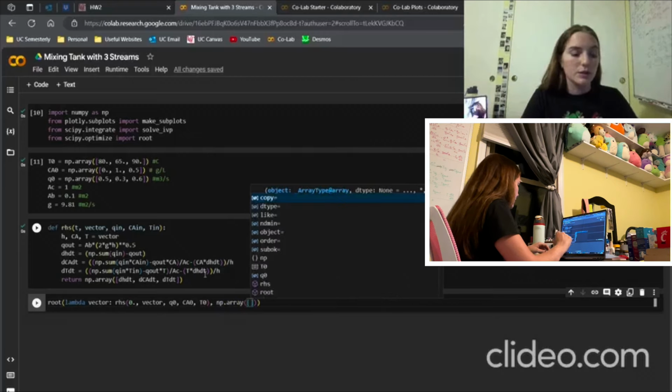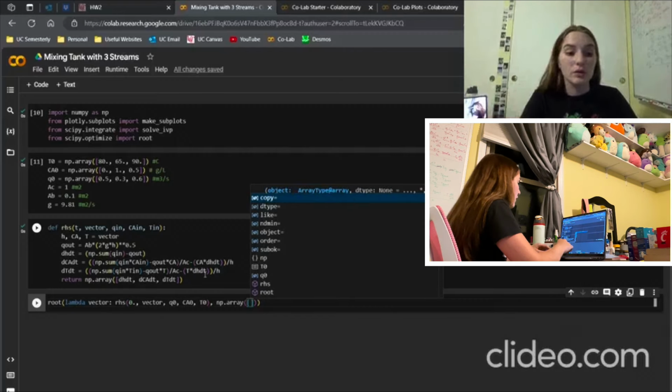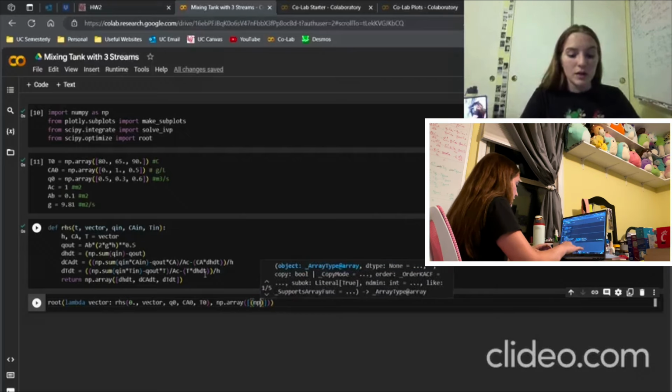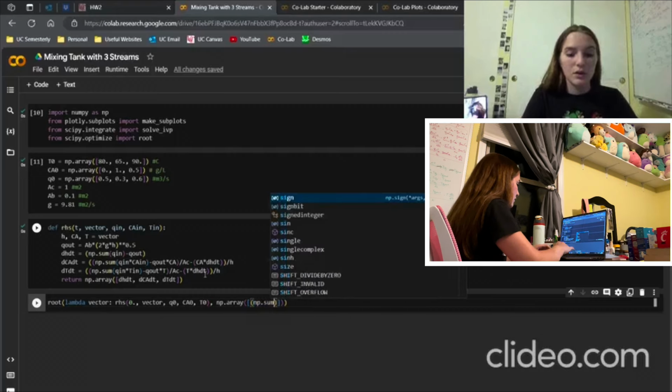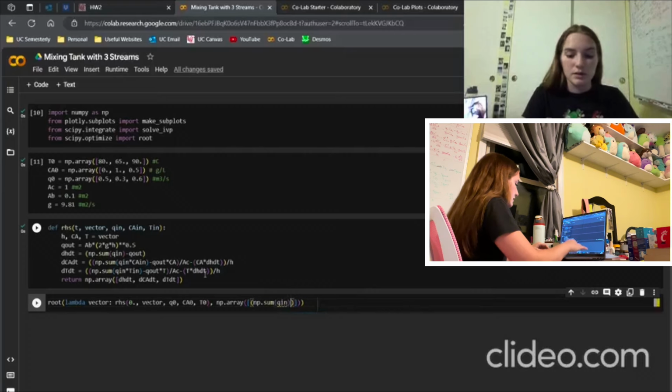So for height, we can actually find the actual value for it by flipping around the Q out equation. So we can have our sum of our Qn divided by our cross-sectional area.